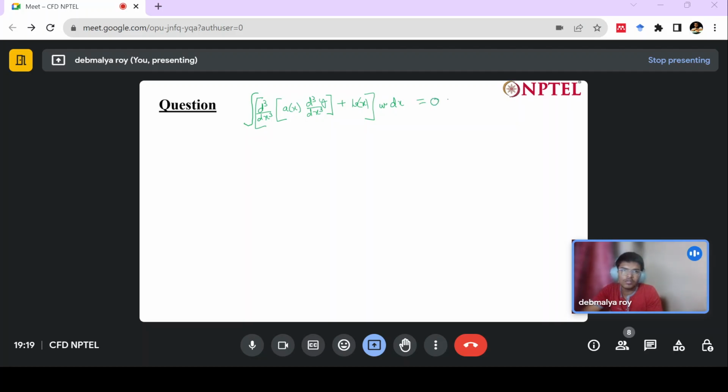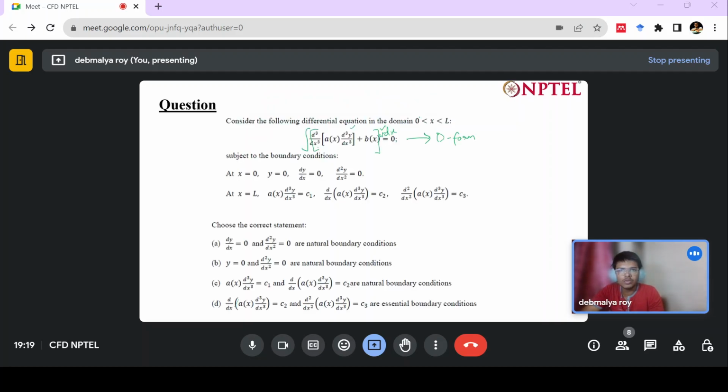So we are trying to go from the D form to a V form in order to say which is the natural boundary condition and which one is the essential boundary condition. Actually, if you go through this exercise once, even without doing this calculation, you will be able to identify which one is a natural or an essential boundary condition. So for the sake of understanding, I'm doing it once so that you will be able to identify.